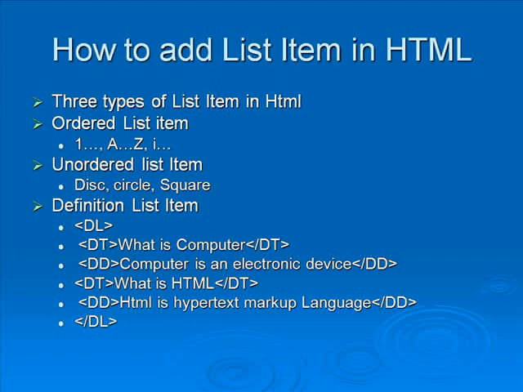So here my computer is an electronic device, and then you have to close your definition data. The next thing is, if you have another question, then you have to start with the data term, and then close your data term, and then your data definition, and then close your data definition, and then at the end you have to close your definition list.